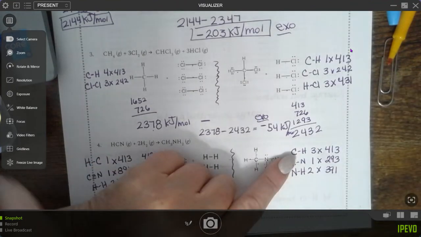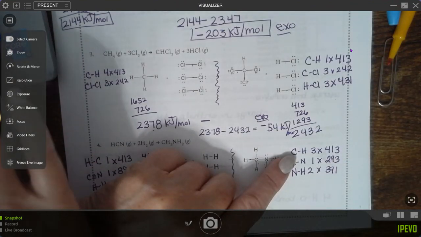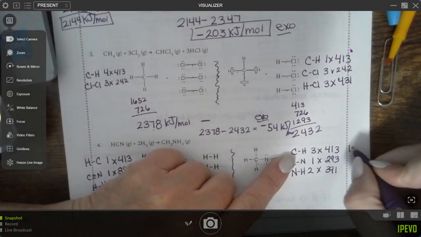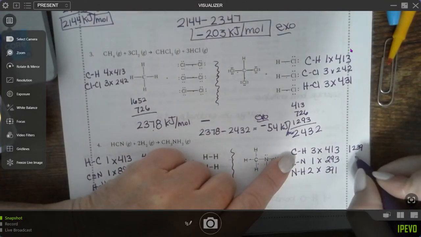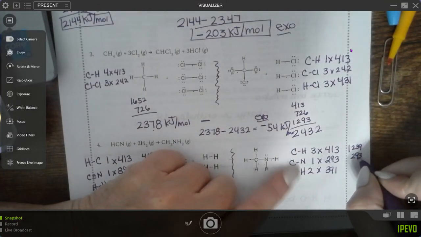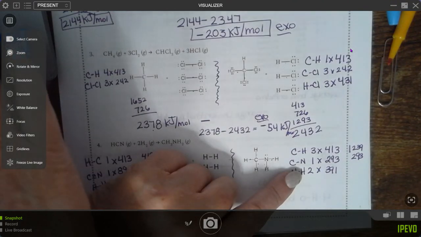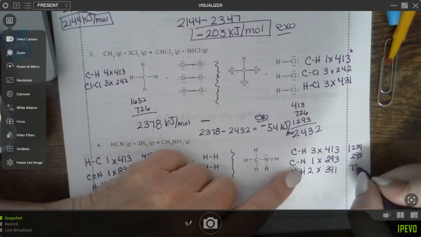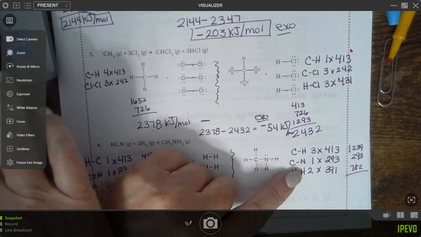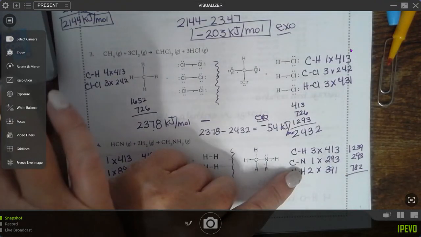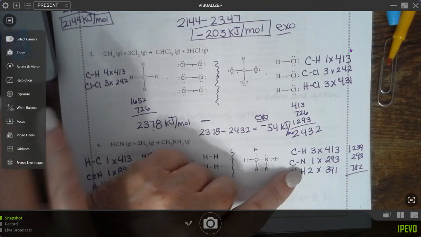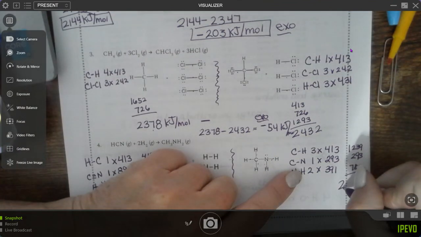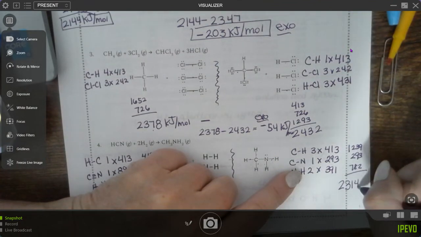All right, so let's see. 3 times 413, 1239, plus 293, plus 2 times 391, 782. So we're going to add those all together, and we get 2,314.